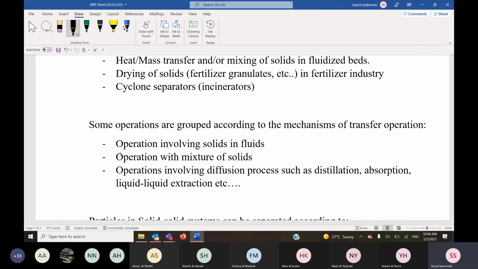So these types of unit operations are grouped according to the mechanism of transfer operation.